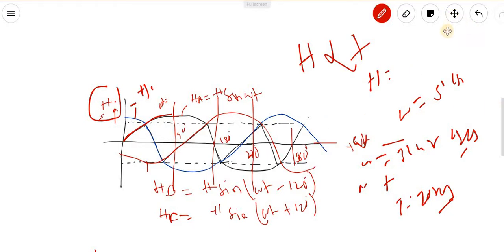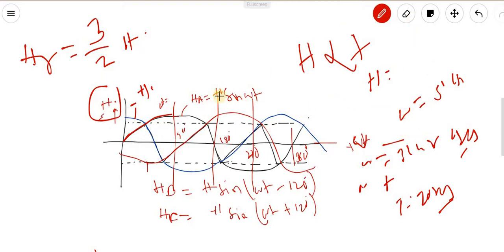Now see what I am showing, that all the time the resultant R will be 3 by 2 times of H, and that will also be time varying.